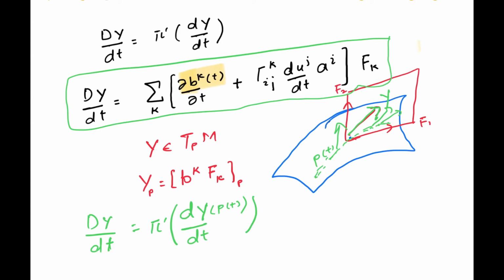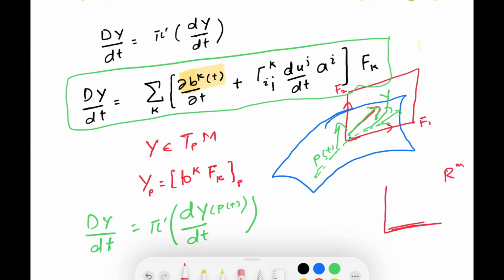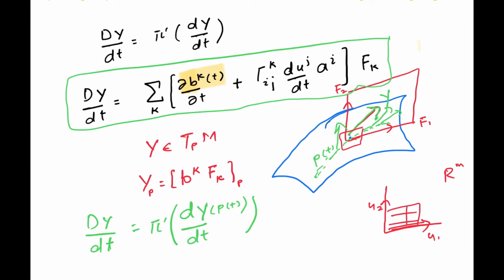And we also know that in manifolds we do this coordinate mapping. So for example, this manifold is mapped to some Rm, and we label these coordinates with u's, u1, u2. If I consider a small part of this, it is mapped over here. Similarly here there will be unit vectors, partial u1, partial u2.